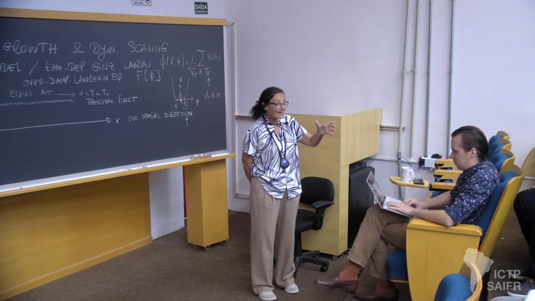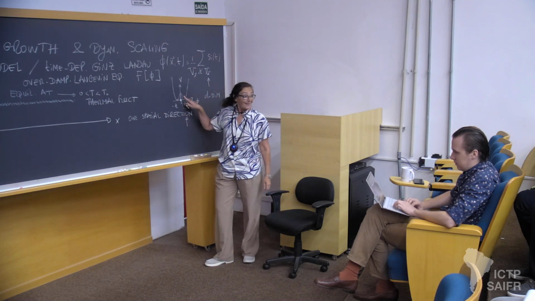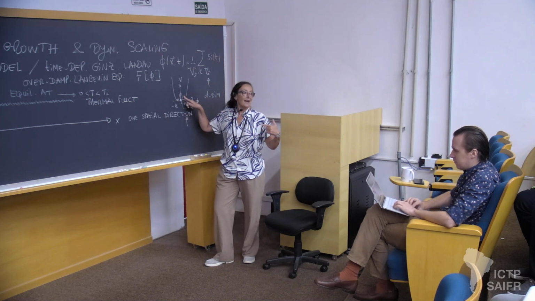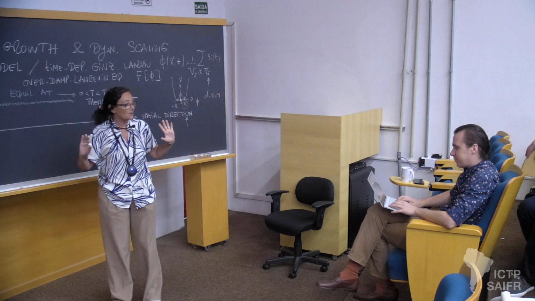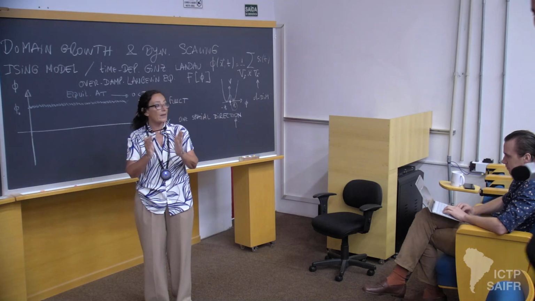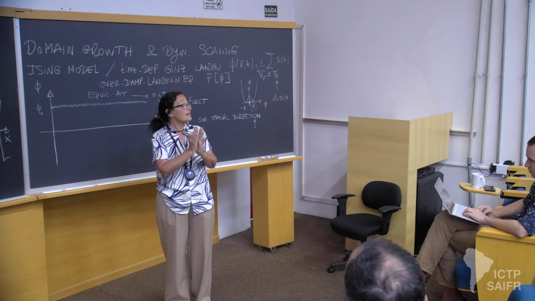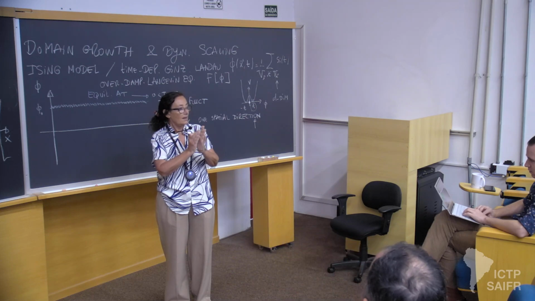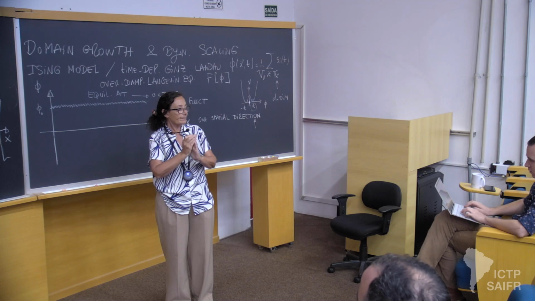But to reach the equilibrium magnetization, I will need a time that diverges with the system size. These are times which are finite with respect to the system size. And I will see these domains start growing and having a typical size, but this typical size is finite at all times and doesn't scale with system size. Okay?